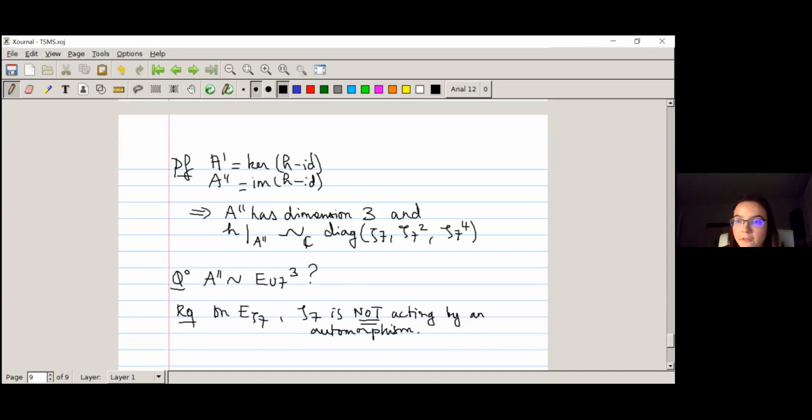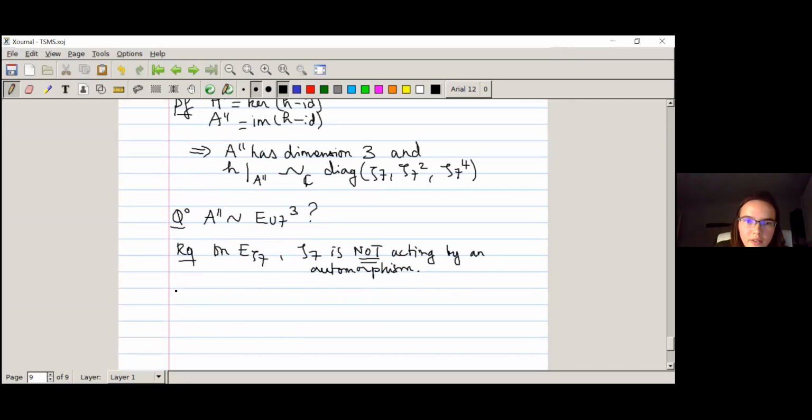That is what we discussed before. We said if you want a root of unity to act by an automorphism, it has to be J, I, or omega. And zeta 7 is not J, I, or omega. So it can't act on E zeta 7. So this is the reason why we can't conclude that A prime prime is isomorphic to E zeta 7 squared.